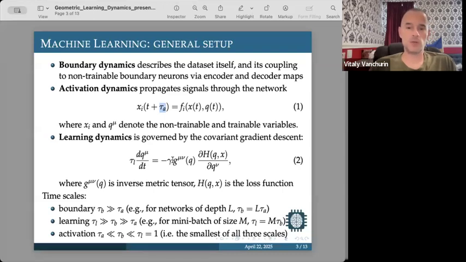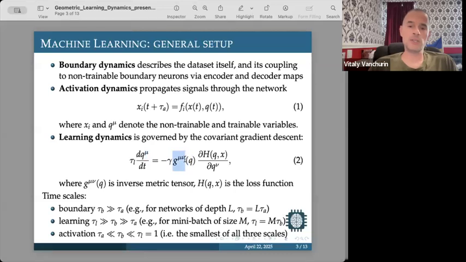Usually they would not write any metric in the middle, and they would have the same indices for mu and nu, and that would be the limit if this G mu nu metric were like a Kronecker delta. However, this description wouldn't be very invariant, and you wouldn't be able to easily go between different coordinate systems, as we've argued in the paper with Katya. So it's important to keep things covariant, and so I'll keep this metric here.